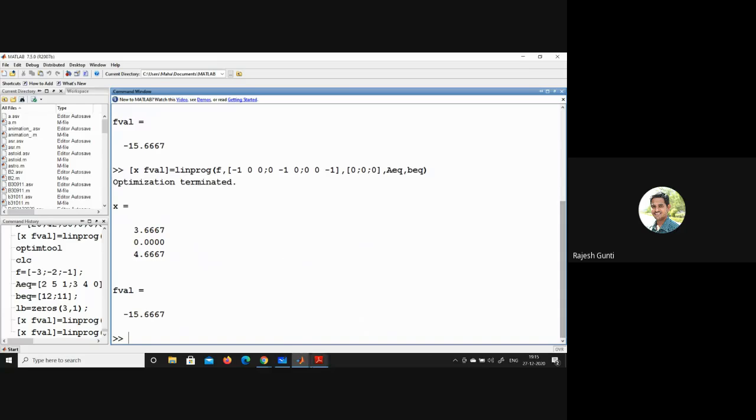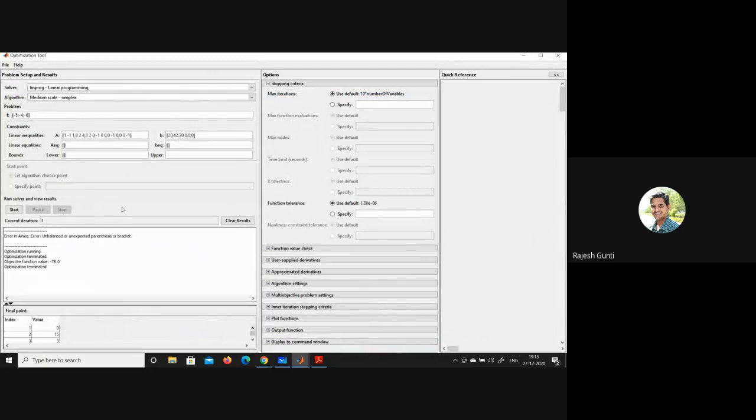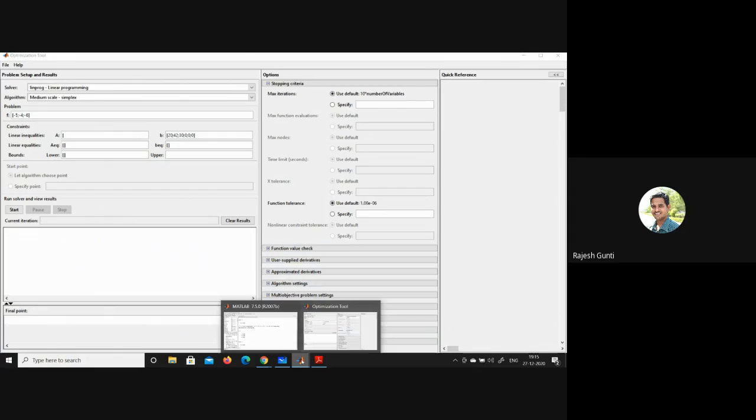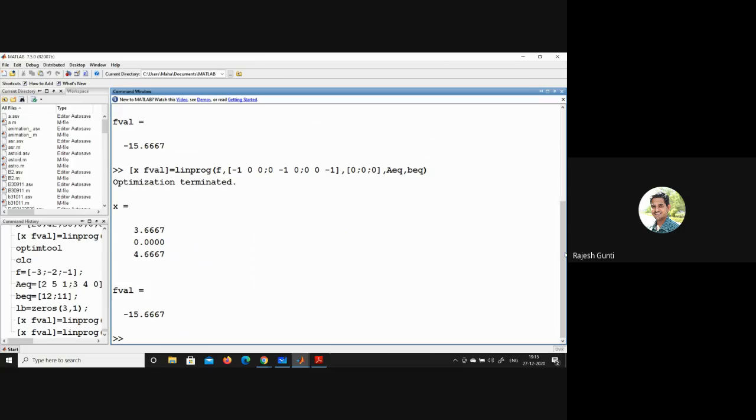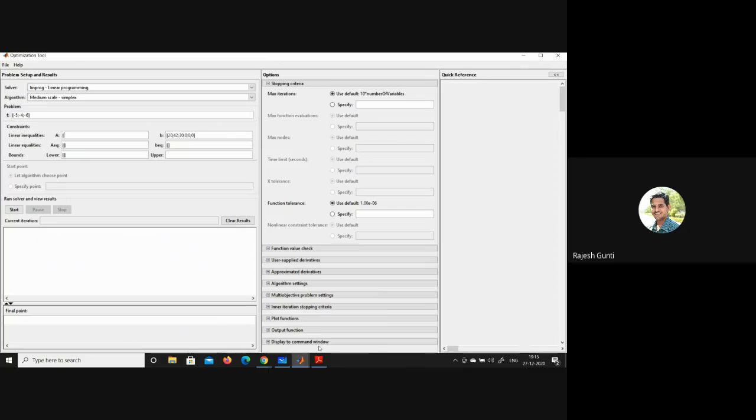The same problem we can solve using the optimization toolbox. Here, what is A? A is null. Actually, I am taking A is null. Okay, that is better. Later, if you want, you can change.